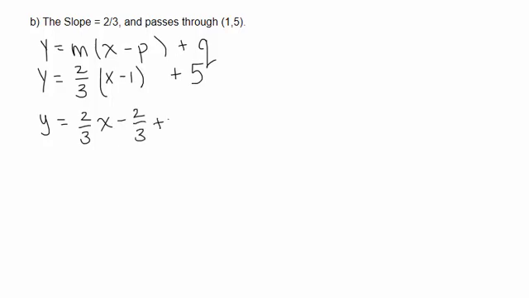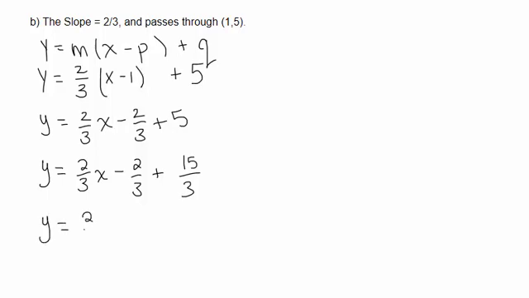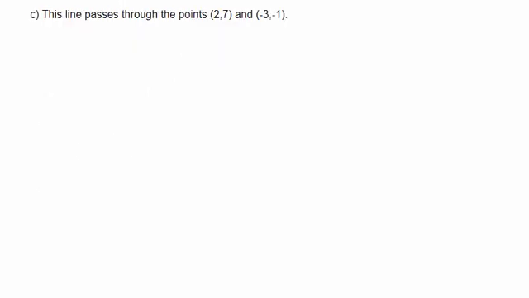And finally, to combine these two terms, we need to make them into fractions with the same base. So I'm going to get them both to fractions out of 3. And finally, we're left with y is equal to 2/3 x plus 13/3.